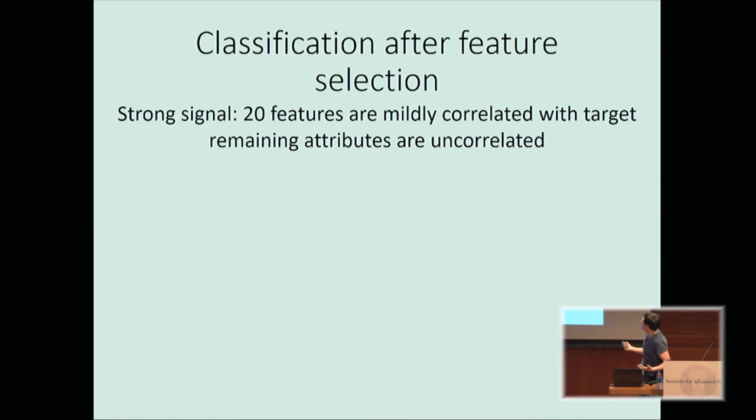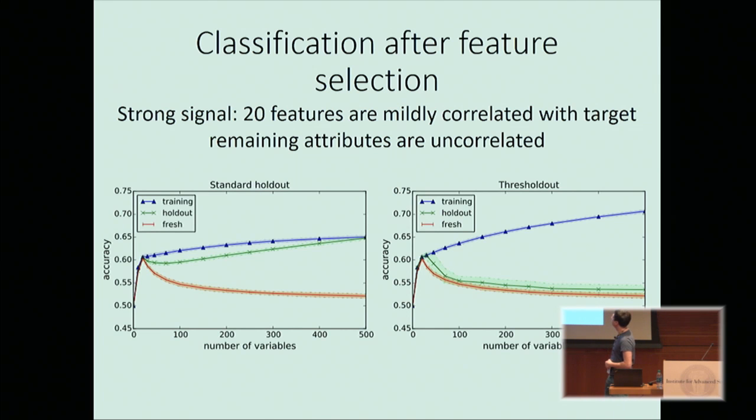One more picture. Suppose there actually is a signal in the data. The same setting, but we've got 20 features that have a mild correlation with the target, and the remaining features are uncorrelated. Again, with the standard holdout method, we overfit the training set, and when we try to look at the holdout set to determine what value of k we should choose, what's the right number of variables in our model, the maximum value is 500.